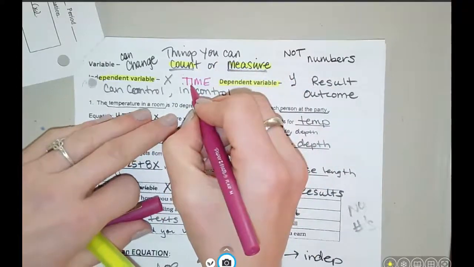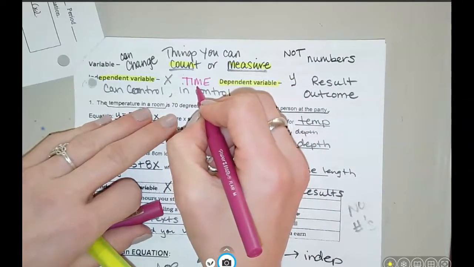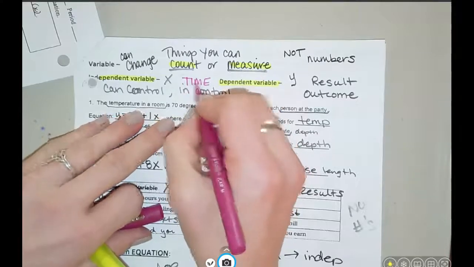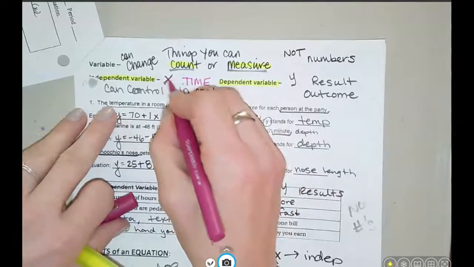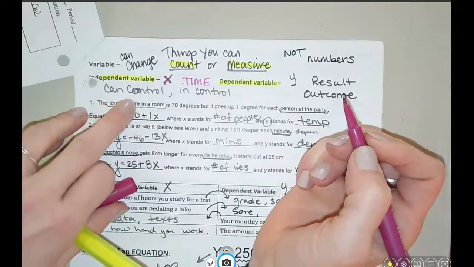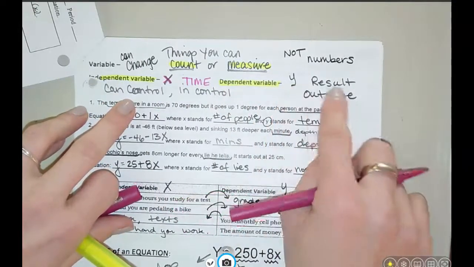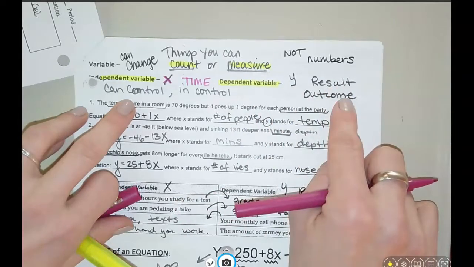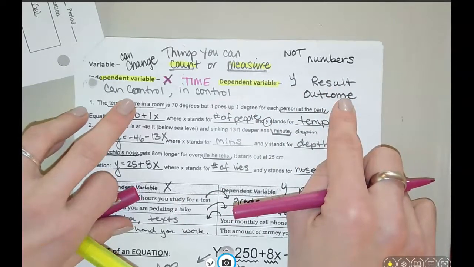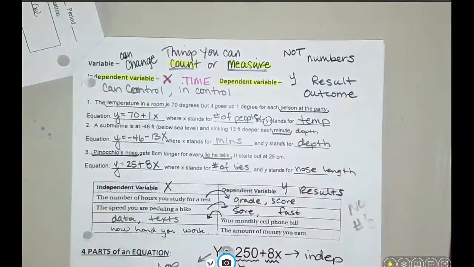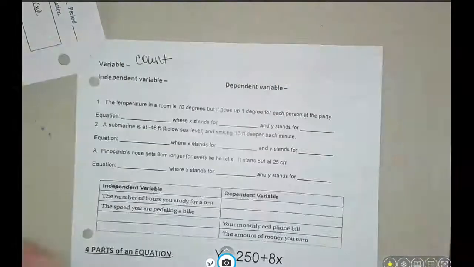So something like weeks, days, seconds, minutes, hours, years, anything to do with time is always going to be your X, your independent variable. Okay? And then the dependent variable, we always use Y, and that's going to be the result or the outcome. Okay, so we're going to be using these definitions as we work through this packet. So now I'm going to flip back to page 1 and we can do some together.